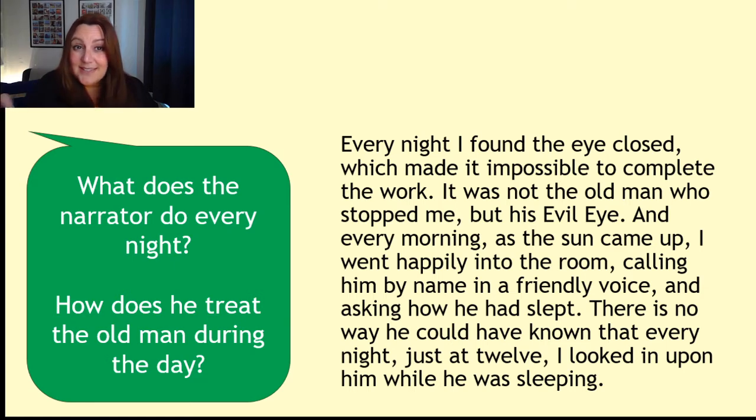Remember, he's not mad. He told us he's not mad. We kind of got to that point actually, didn't we? And now I think we're ready to find out what happens next.